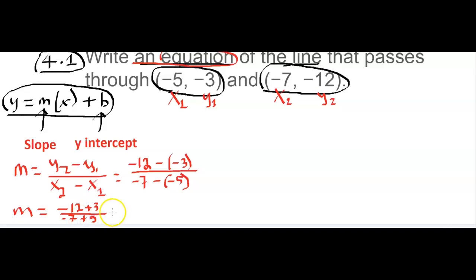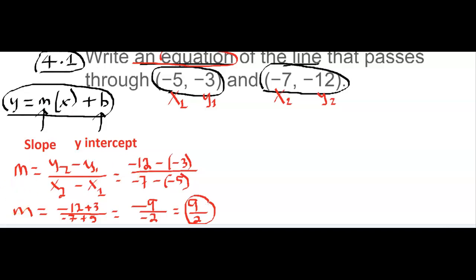Let's clean this up to see what the slope is going to be. -12 plus 3 gives you -9, divided by -7 plus 5, which gives you -2. A negative divided by a negative is a positive. So I'm just going to leave it as 9/2. If you want, you can turn that into 4.5, but since slope is rise over run, it is okay to leave it at 9/2.